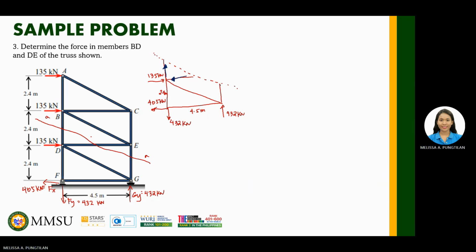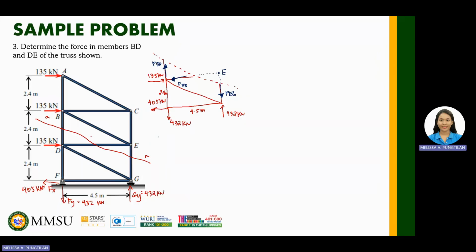And then, here, meron naman tayong compression ulit. Okay. So, tawagin natin itong FBD, FDE, and FEG. Okay. This is the joint E. Okay. So, game.